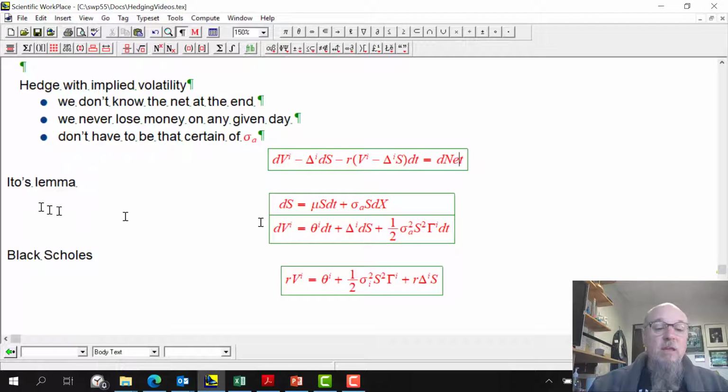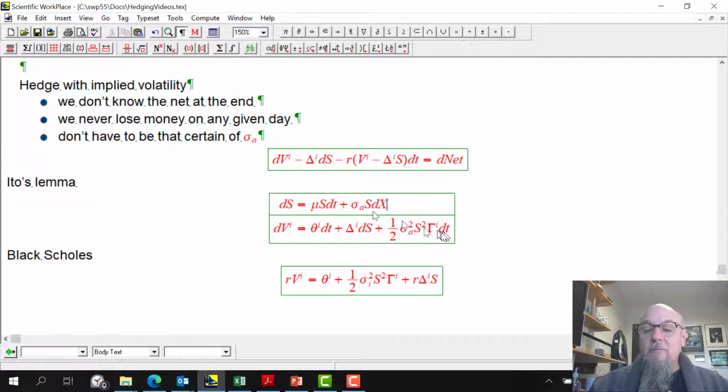Using a couple of facts, I've got the function for the value of the call option using implied volatility, and I've expanded it out using Ito's lemma. Ito's lemma gives the derivative with respect to t times dt, the derivative with respect to S times dS, and the second derivative with respect to stock times dS squared. When I square dS, dt squared is too small, dt dx is too small, and dx squared is a dt because of quadratic variation.